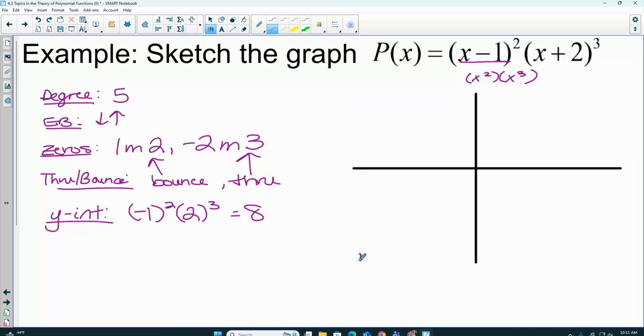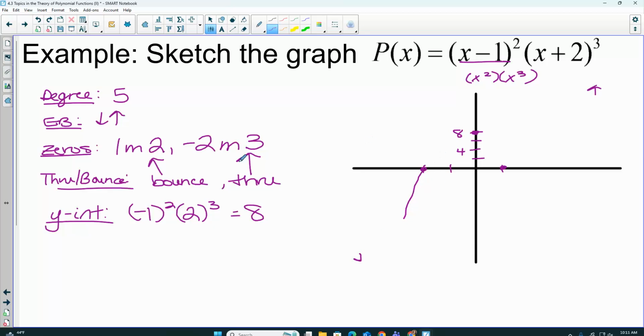All right, so my graph should start down at the bottom, end up at the top, hit my x-axis, negative 2, positive 1, y-axis at 8. If you want to count by something other than 1, just make sure you're labeling. Okay. So my graph starts down here.